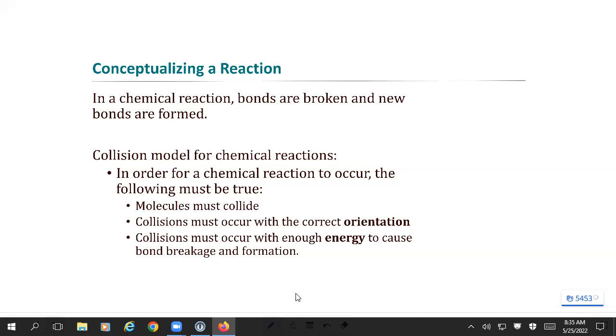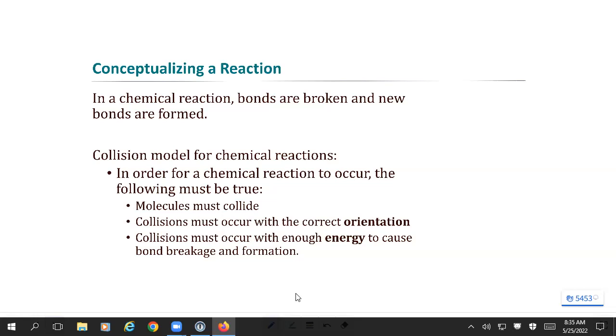Well, the bonds don't just break on their own. We know that it requires energy. Where does that energy come from? Well, the energy comes mainly from its own internal energy, the temperature that it's at naturally, plus whatever energy it gets as it interacts with the other stuff. And so to get that other energy, we have to look into collisions.